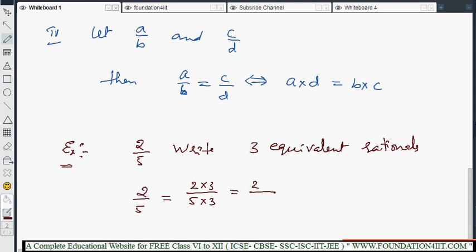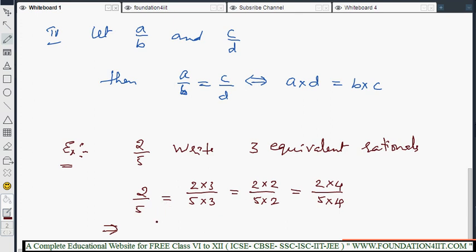Or the same 2 by 5 into 2 into 2. I took 2 now. They are asking for 3 equivalents, okay, 3 we can take. Now 2 by 5, into 4 and into 4. The same number we need to multiply for numerator and denominator. Now if you simplify this you will get the answer.